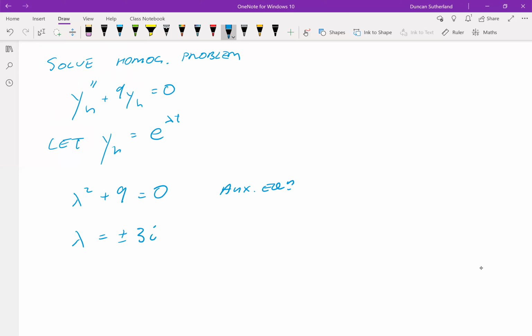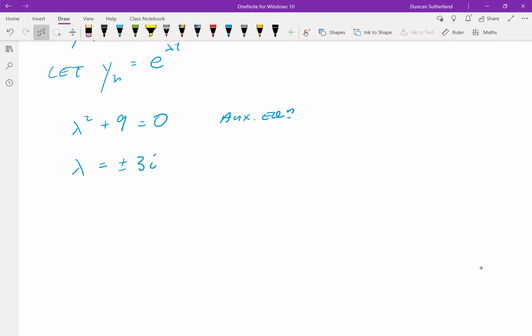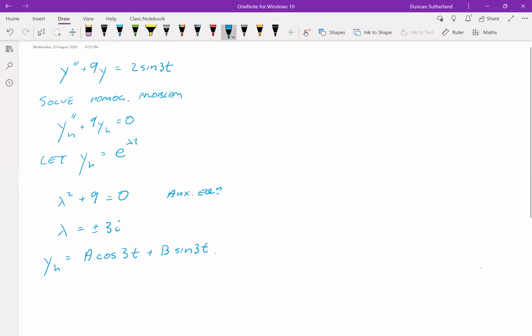Now we can write down our general solution to the homogeneous problem. Because we have complex conjugate roots, it turns out to be in terms of sine and cosine. We notice that our right-hand side driving term looks like one of the terms in our homogeneous problem, and therefore we have a resonance case, right?